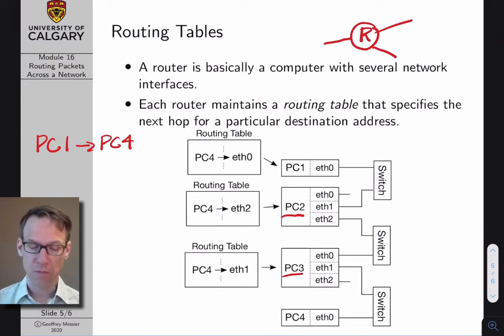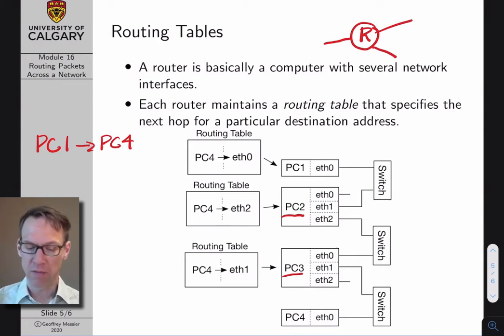Now, a router does not need to store the entire path that a particular packet is going to traverse when it goes across multiple hops on a mesh network. All each router really needs to store is the next hop for that packet, or the next path that packet needs to take.